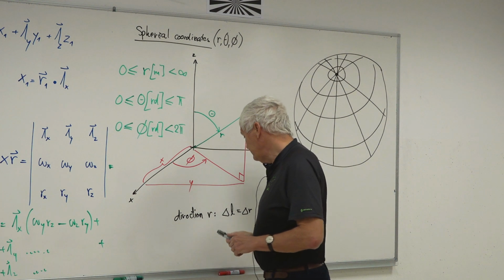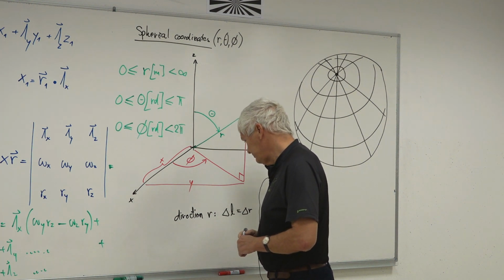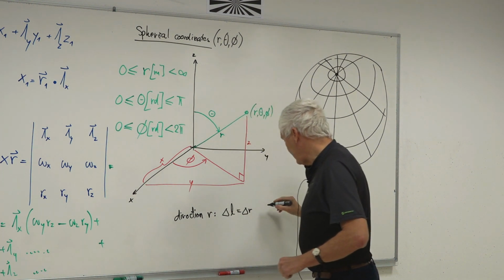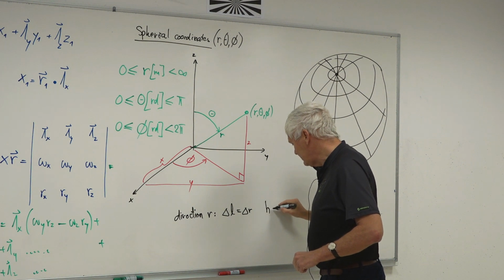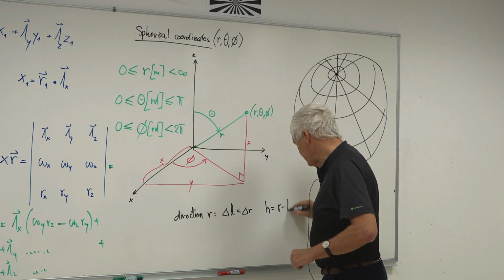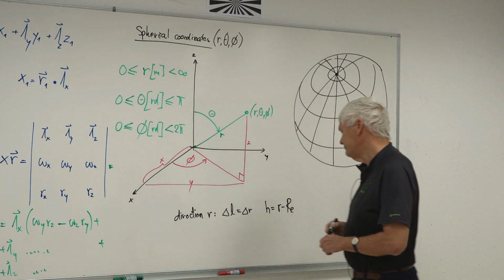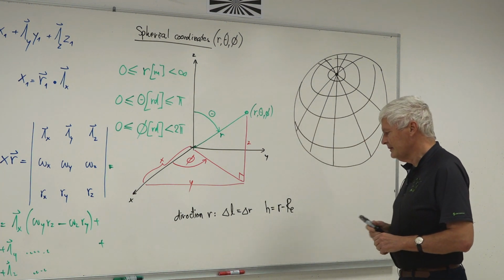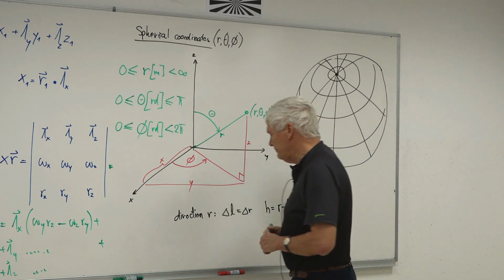So for the height, there is no problem. Our height above sea level is simply r minus the radius of the Earth.